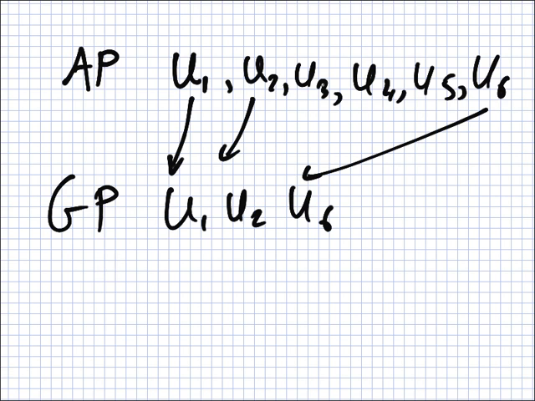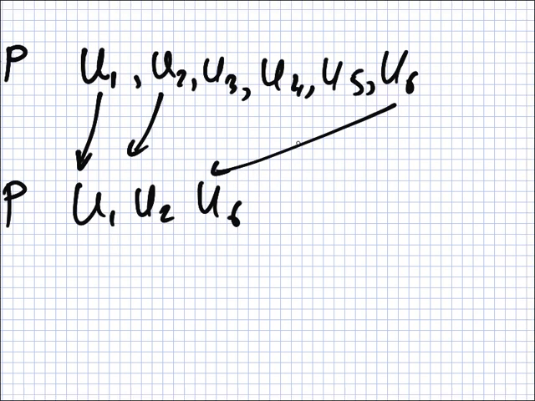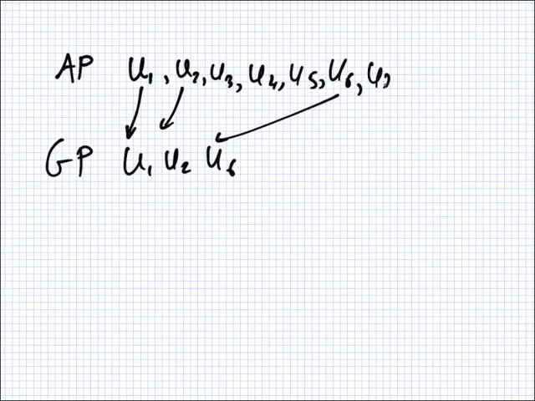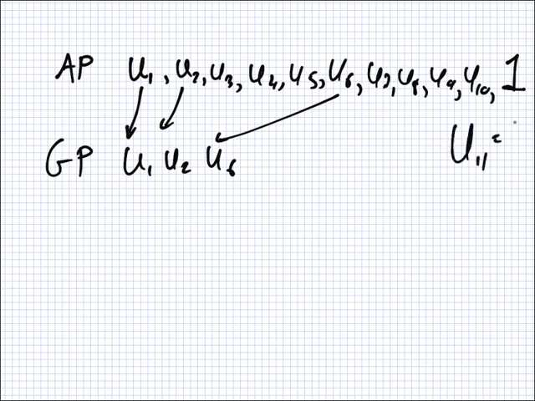I also tell you U7, U8, U9, U10, the 11th term is 1. So U11 is 1. What is A? This is a hard one. Let's do this one together.